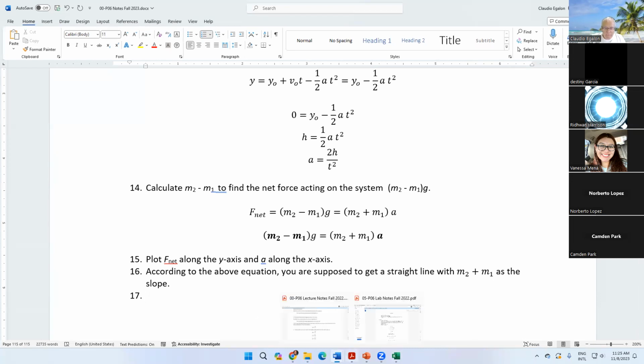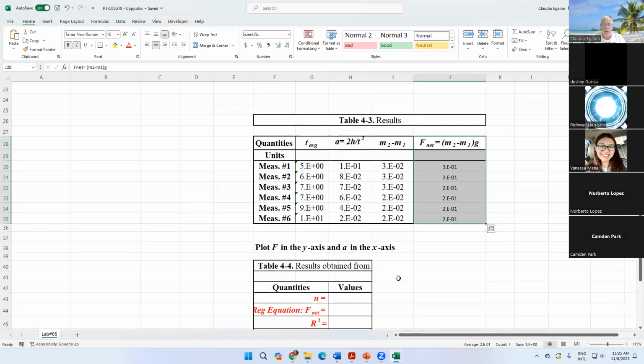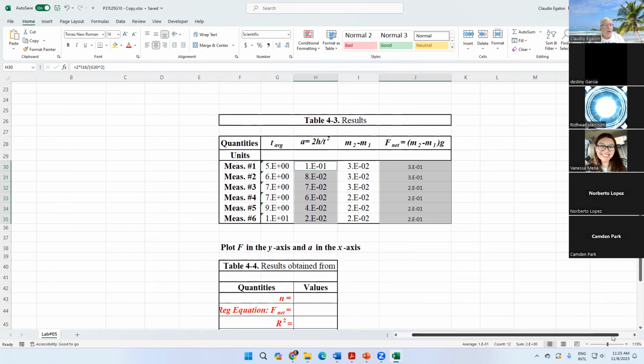First step, plot the graph. And I'm going to plot my own graph. Net force, acceleration. Don't forget, this acceleration was obtained using kinematics principles, not Newton's second law.